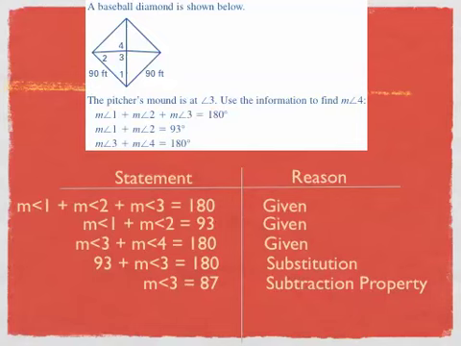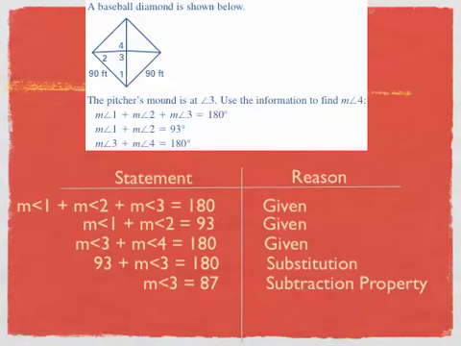Then, for the subtraction property of equality, what I've done is I've taken 93 plus the measure of angle 3 equals 180, and I've subtracted 93 from both sides. When I subtract 93 from both sides, I find that the measure of angle 3 equals 87.